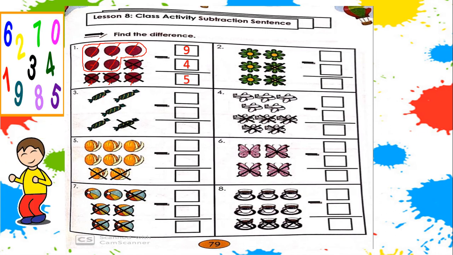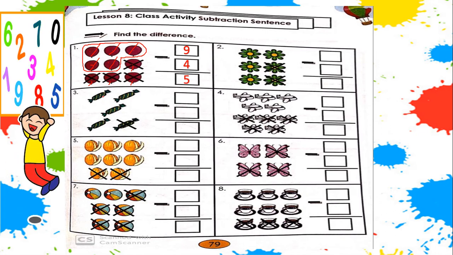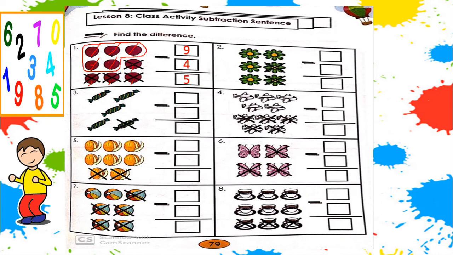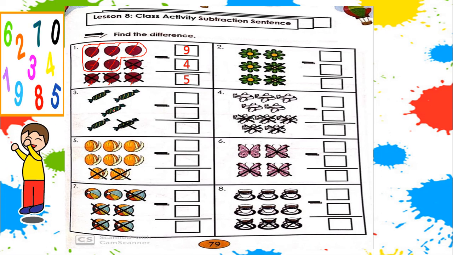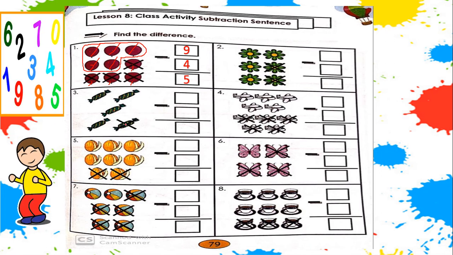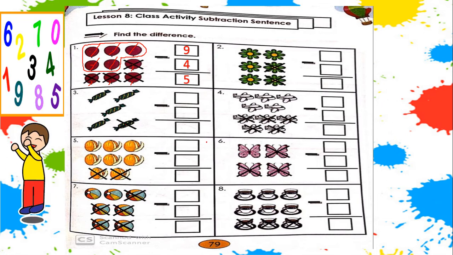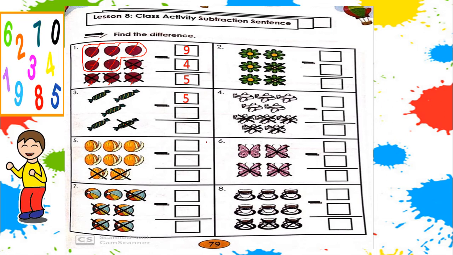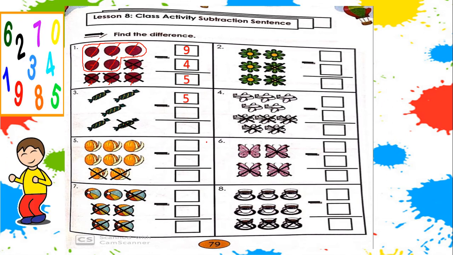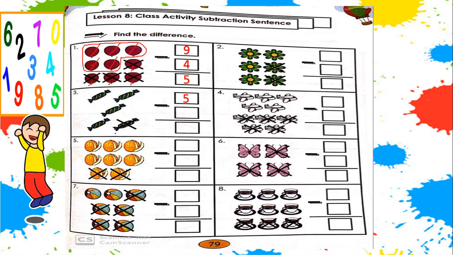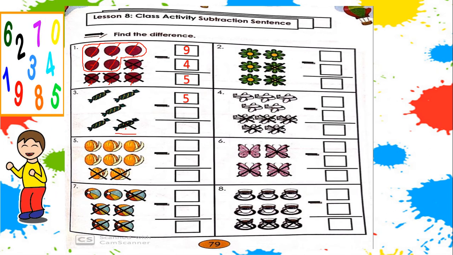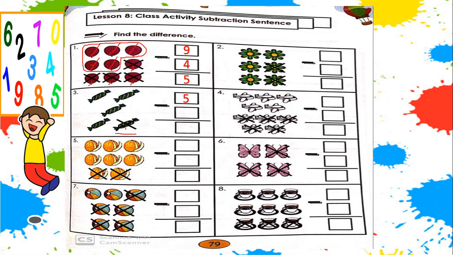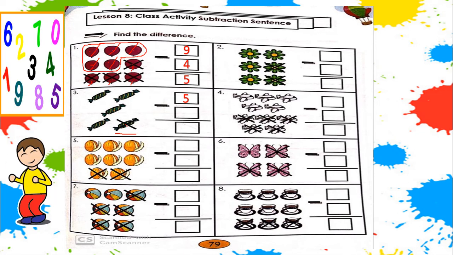Okay, now let's go to the next illustration. We have here candies. Okay, so first count all. 1, 2, 3, 4, 5. So there are 5 objects. And we take only 1. So you can see X here. It means the object that we take away. And we only take away 1.